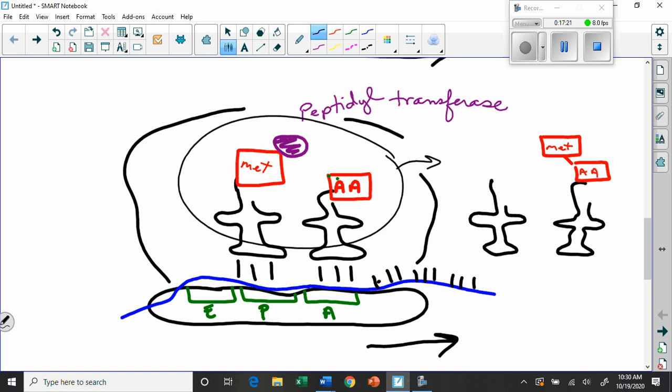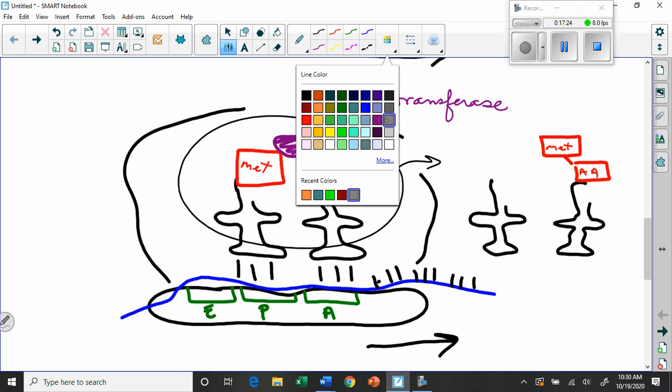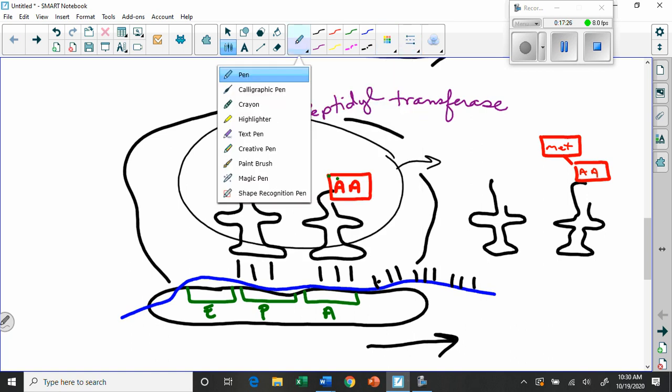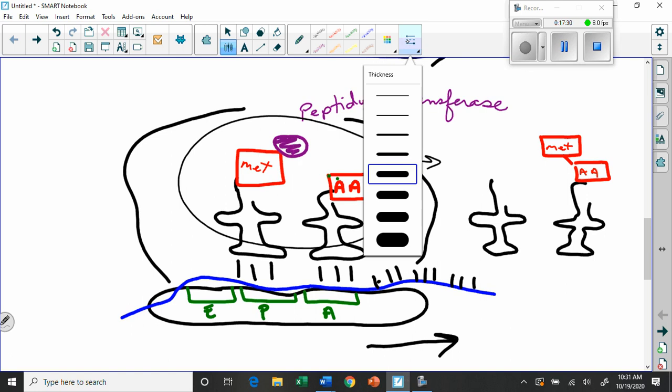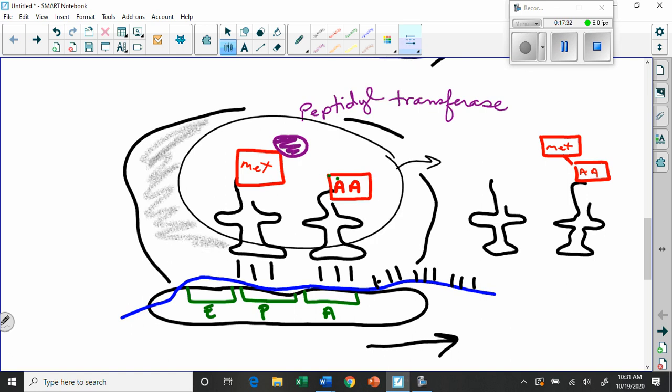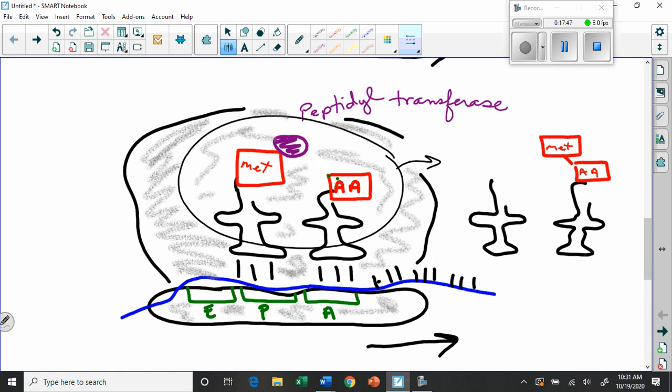In fact, if I took a color, like a light gray crayon, and shade it a bit, there's the larger subunit. Okay, that circle I drew is really just a visual to show you what happens. And then here's the other subunit. We'll shade them in a bit so you can see them.